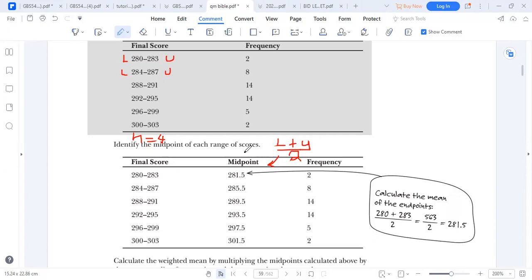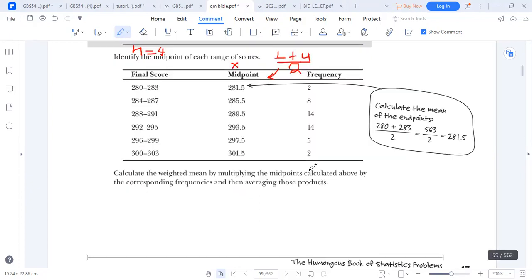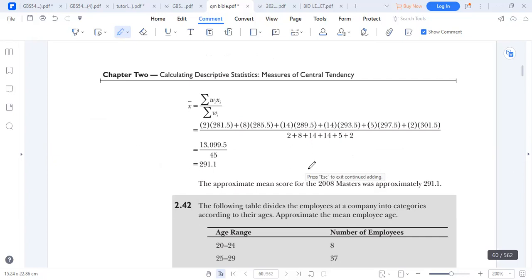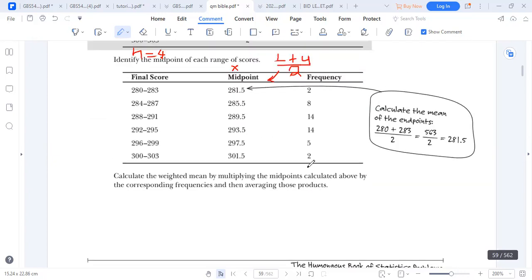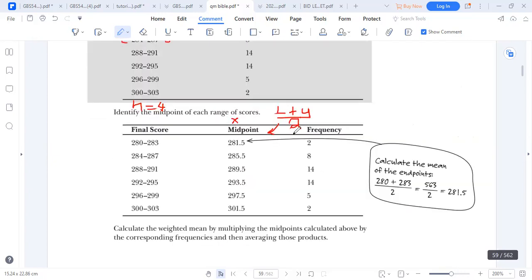So the midpoint is called x, not x bar, it's just a midpoint. When we apply the midpoint and the frequency, it will help us find what we call the mean. So in this case, we're going to multiply the midpoint by the frequency, so we get f times x.